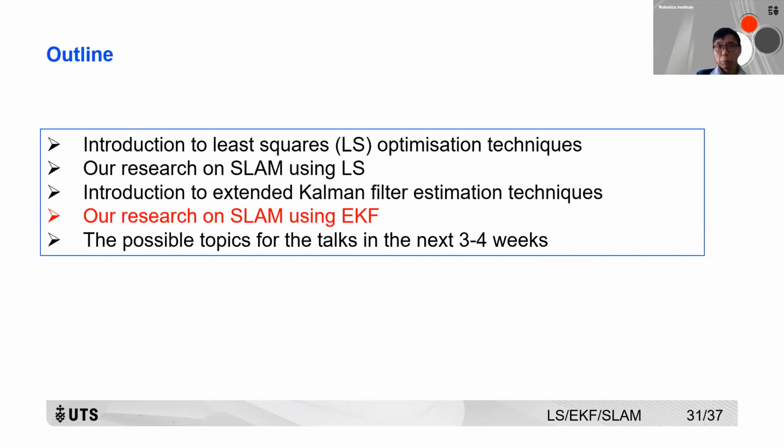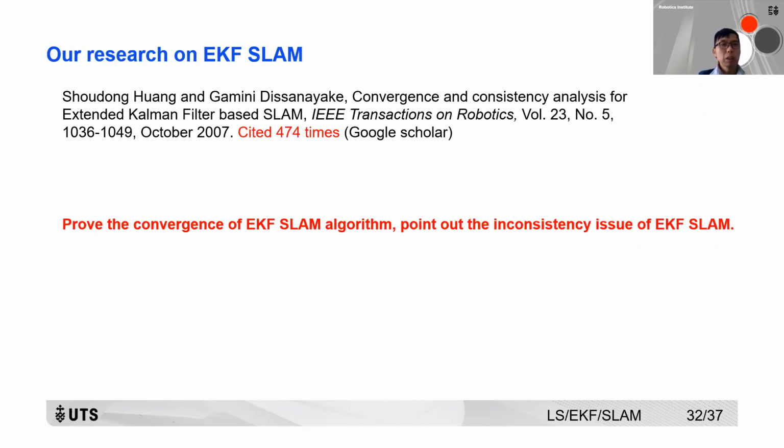So let's briefly talk about our research on SLAM using EKF. The first one is my paper in 2007. That's the paper with the highest citation count among my papers. It's now cited more than 400 times. What we have done is prove the convergence of the EKF SLAM algorithm for the 2D case. Disa has his EKF SLAM paper, but his proof is for the linear case.